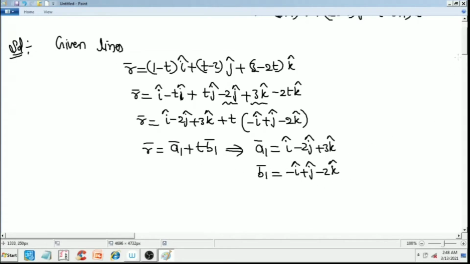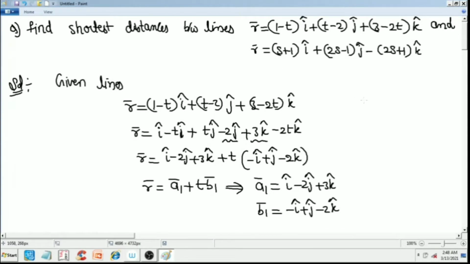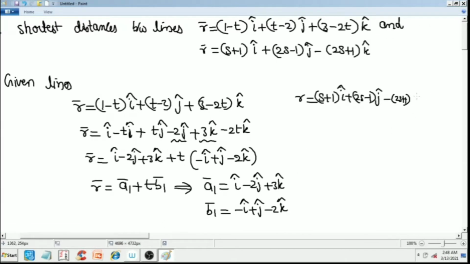We have a1 and b1. Next question, the next line is given: r is equal to (s plus 1) i plus 2(s minus 1) j minus (2s plus 1) k bar. So here r is equal to s i plus i, 2s j minus 2 j, minus 2s k minus k.